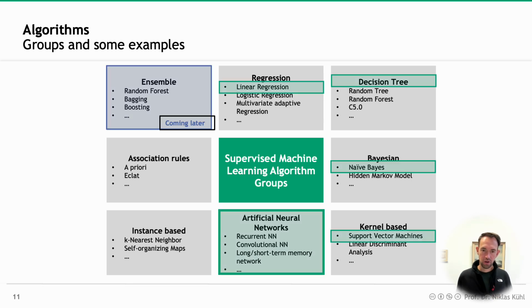So what we will work on is I want to give you examples for regressions, for decision trees, for Bayesian methods, for kernel-based methods, for artificial neural networks. Also a little bit, we look into ensembles, but they will be more important as we progress in this course. And for now, I will skip association rules and instance-based methods.